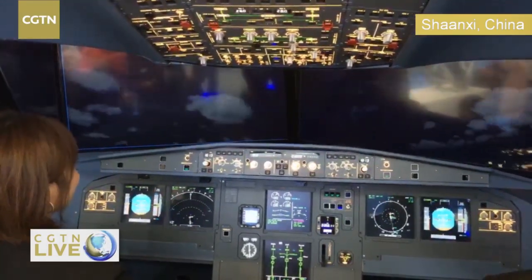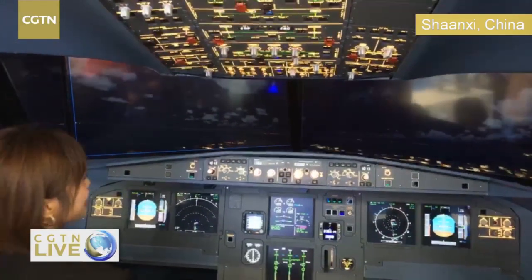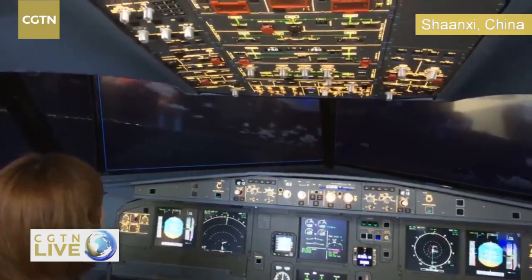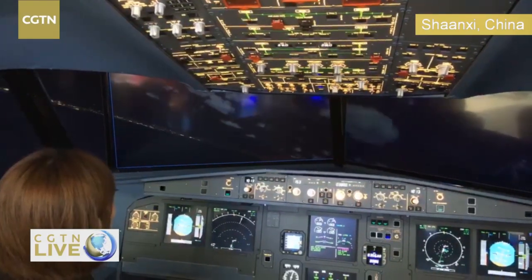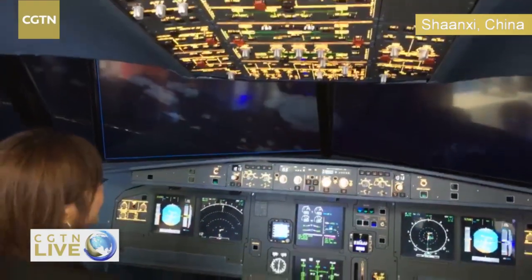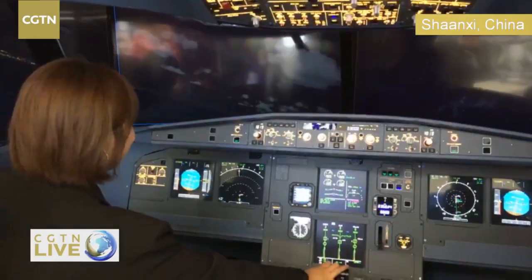That's so exciting. So can you see the scenery over here? We can see the whole real scenery. Okay. So we're literally up in the sky right now, right?